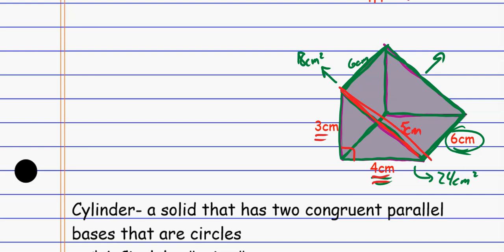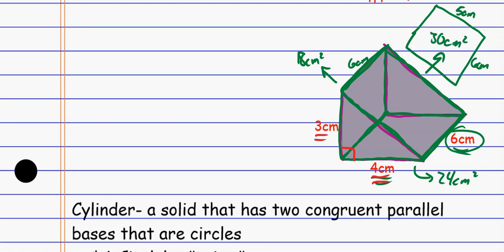Which means, when I look at that top piece, it is 6 centimeters on this side, and 5 centimeters on this side. So the total for this one is 30 square centimeters.